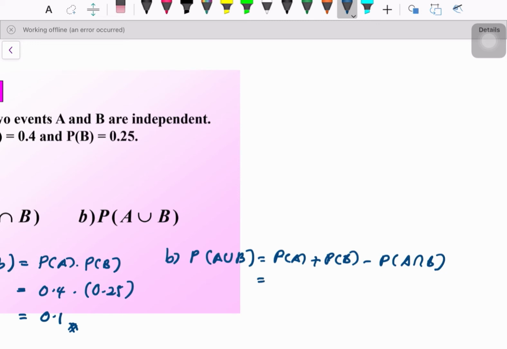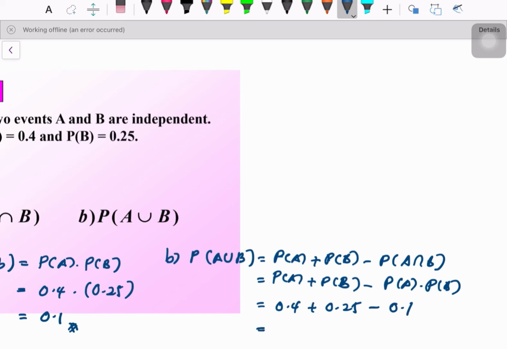Since we know that these are independent, P(A) plus P(B) minus P(A) times P(B). Therefore, by putting in the values of P(A) and P(B), we have 0.4 plus 0.25 minus 0.1. So this is equivalent to 0.55.